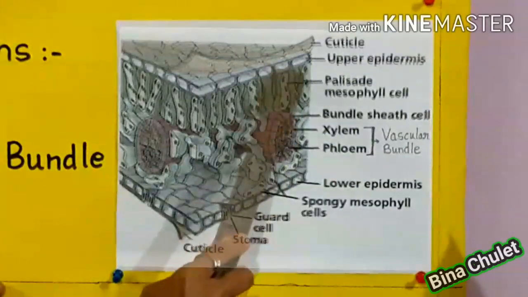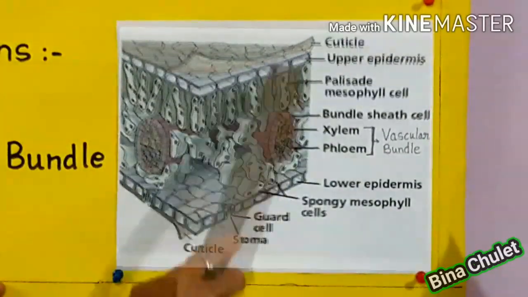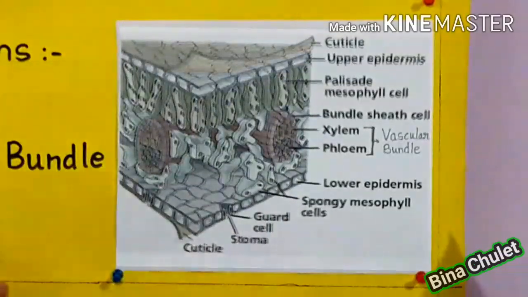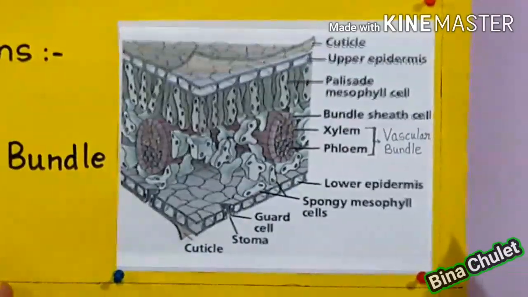Below the upper epidermis, there are the cells containing chloroplast. Now these cells containing chloroplast are of two types. These are basically called mesophyll cells.